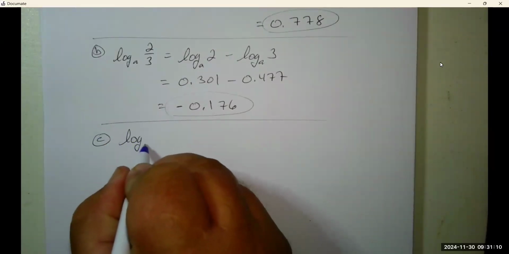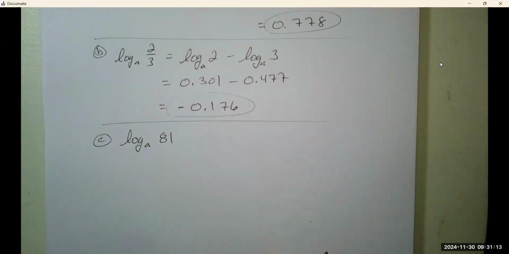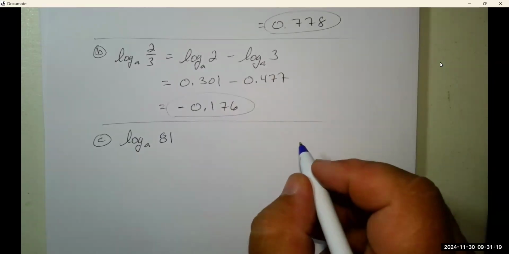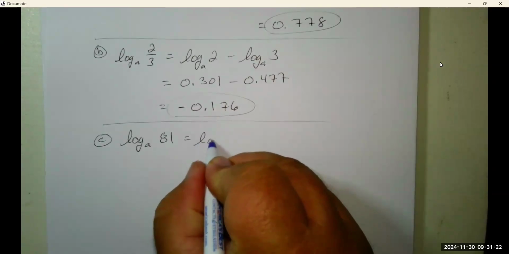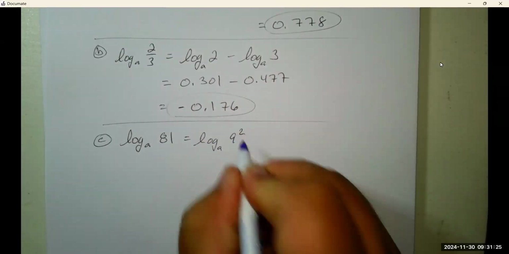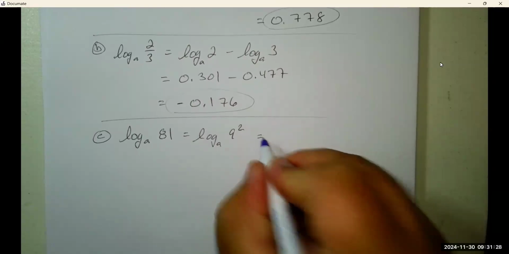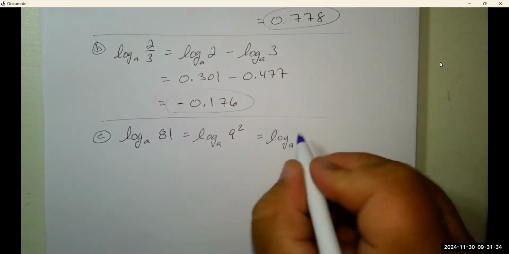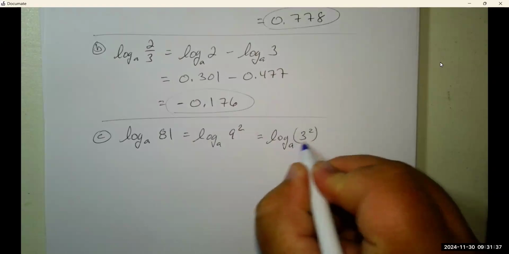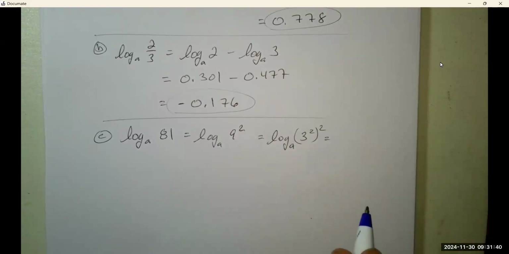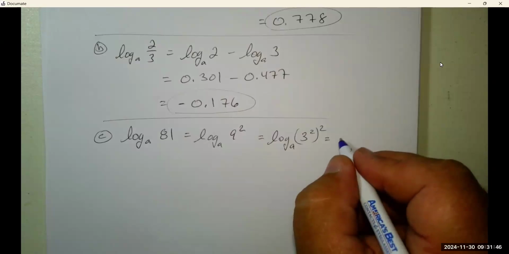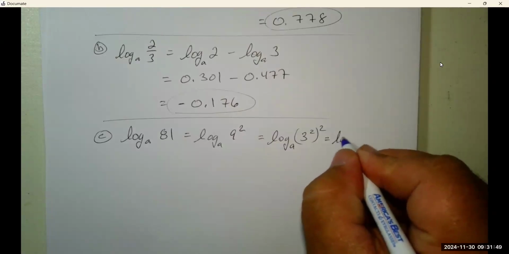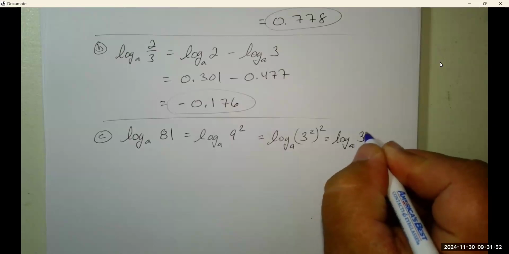C. Log base a of 81. Remember, we can only use 2s and 3s. Well, we know that 81 is made up of 9 squared. Nine is made up of 3 squared. So that's going to be log base a of 3 to the 4th.